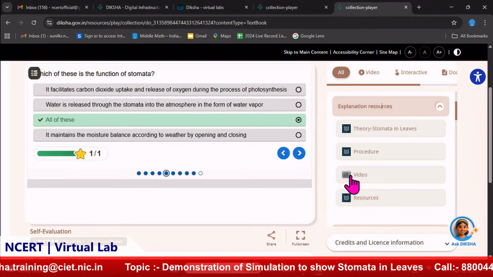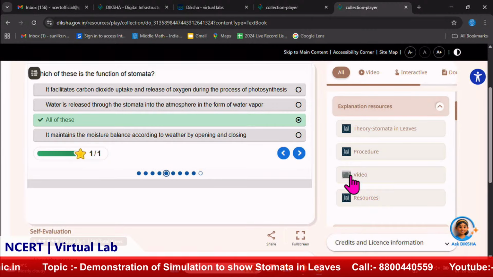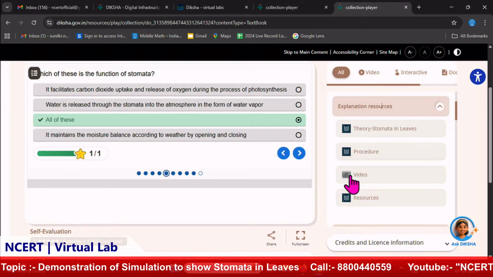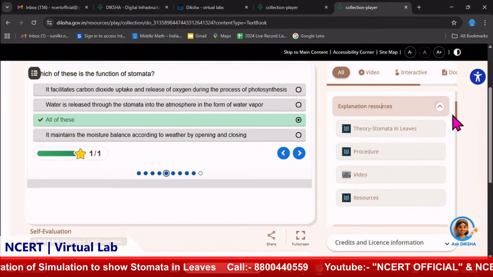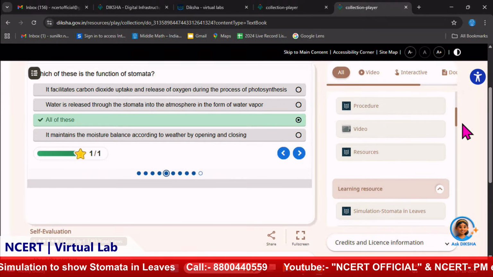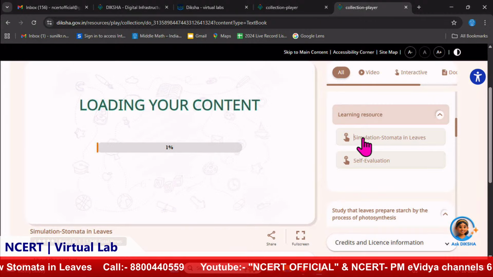This not only makes students learn all the steps which are required to perform that particular experiment, it also motivates and engages the user to perform that experiment. For further studies, there are various kinds of resources, and with this the student can also perform this particular experiment.